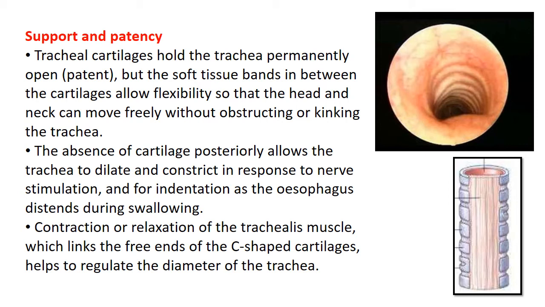There is contraction and relaxation of the trachealis muscle, which links the free ends of the C-shaped cartilage, and it is also helpful to regulate the diameter of the trachea. Okay, so these are the functions.